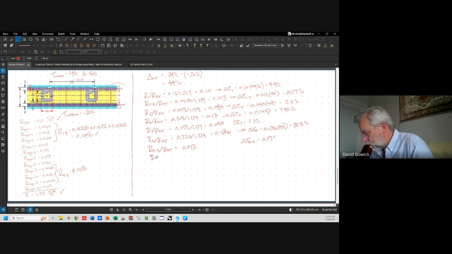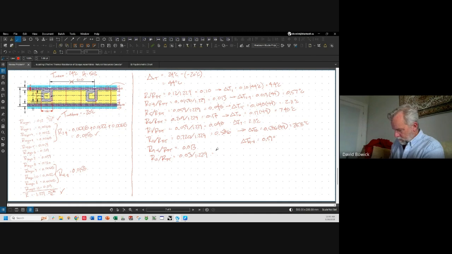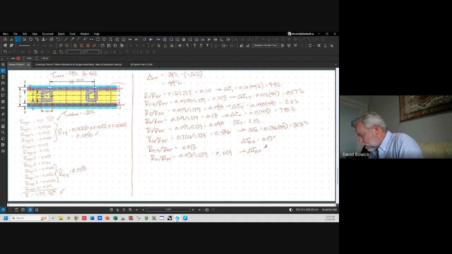And then R12 over R total equals 0.03 over 1.229, which is 0.024. Delta T12 is 1.07.